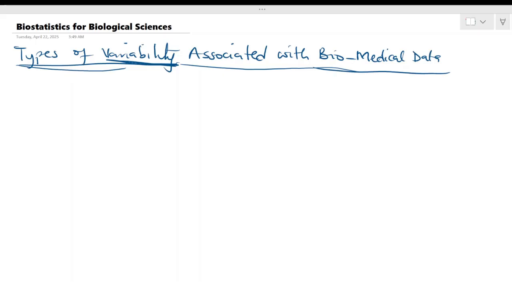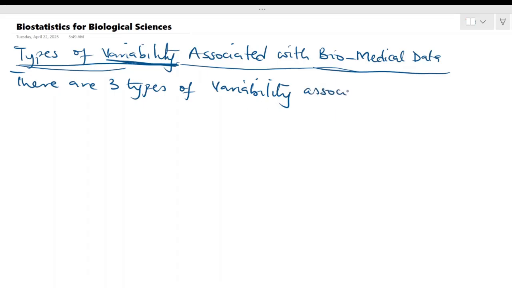Basically, there are three types of variability associated with biomedical data.